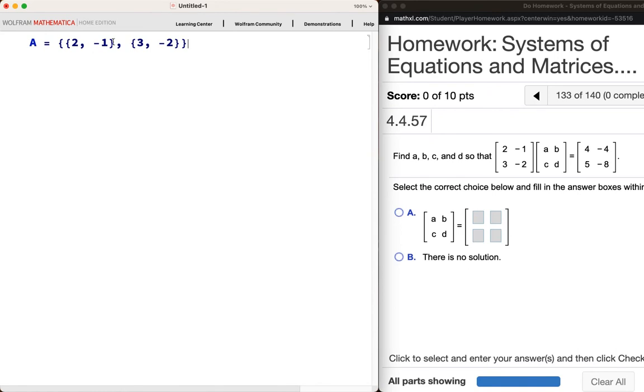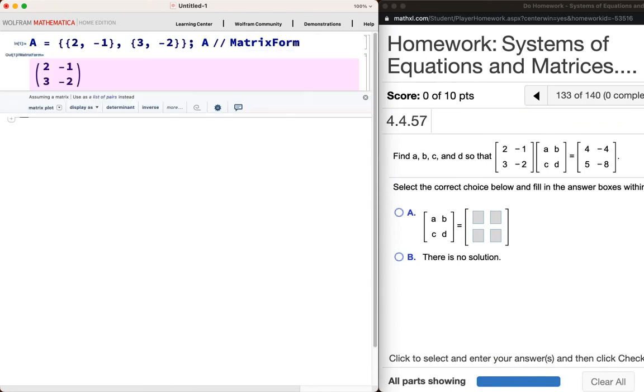This is a list, and this is a list. And when I put several lists together in one larger list, that is a matrix. And let's see what it looks like. Semicolon, MatrixForm. Okay, looks great.